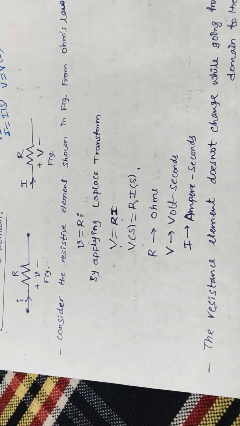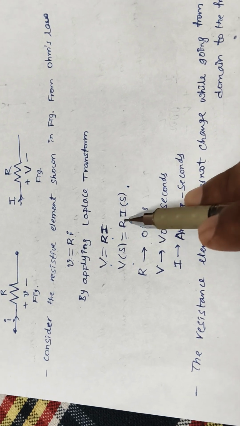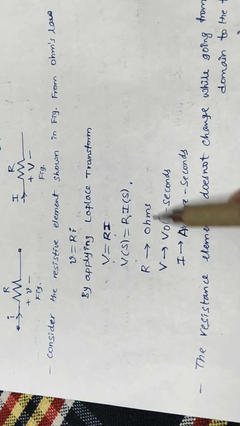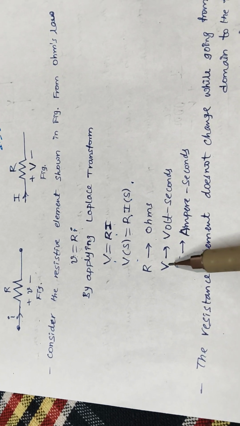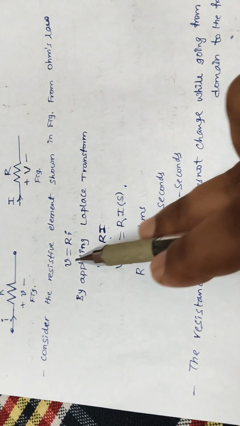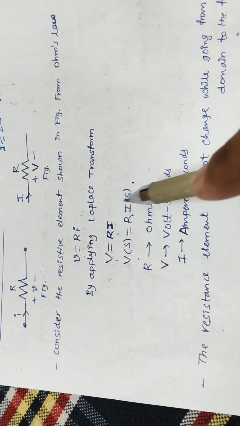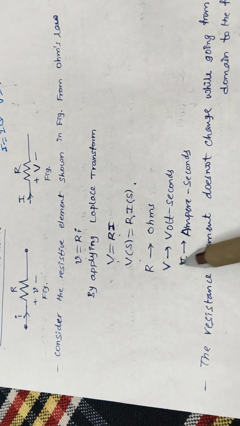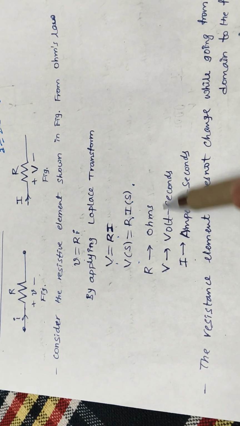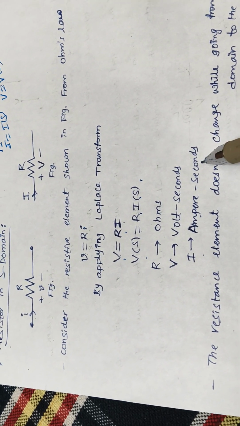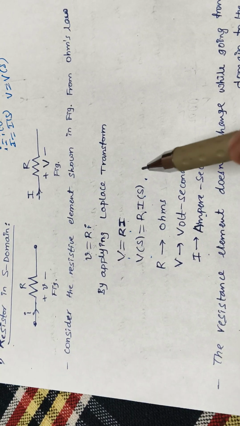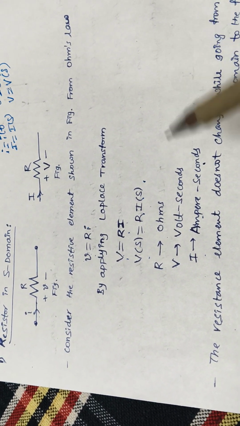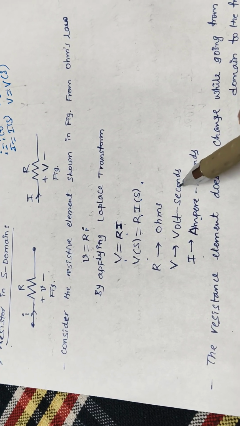When you apply the Laplace transform to the time domain equation, R will remain the resistance. R has the same units, ohms, in both the time domain and the S domain. However, voltage v of t will be converted into V of S, and i of t into I of S. The corresponding units of S domain voltage and current are volt-seconds and amp-seconds, because the integral from 0 to infinity of f of t into dt is involved, so seconds are added in the S domain.